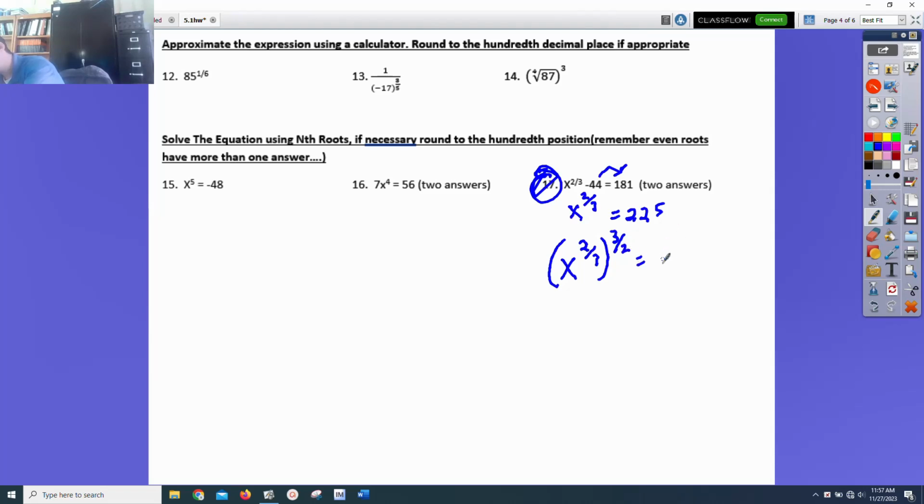Now I'm going to rewrite that as the square root. There's my 2, the understood 2. 225 cubed. Here we have a cancellation.